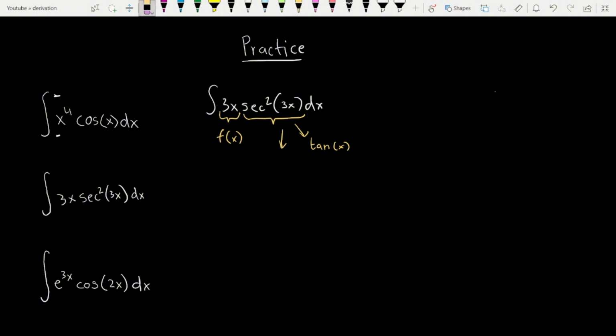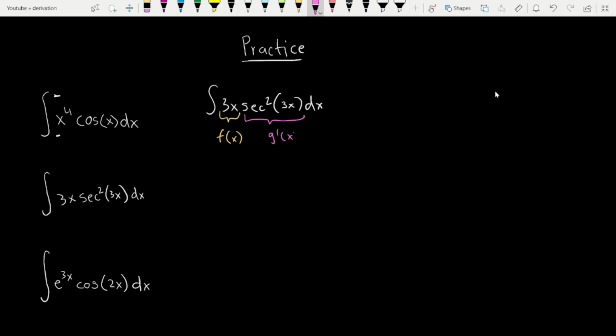But the idea is you don't even really need to look at this right now, because you can look at that 3x and know that, okay, if I differentiate that 3x, I'm going to get a really useful answer. So that is what I'm going to do. I'm going to be differentiating that 3x. I know differentiating that 3x is going to get rid of that x term over there. So then that leaves me with this term, and this term is what I'm going to be integrating.